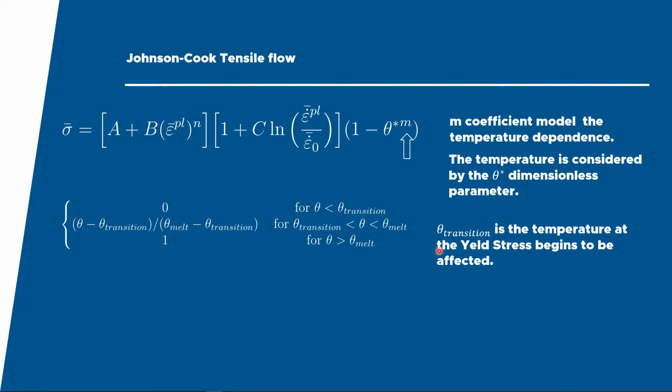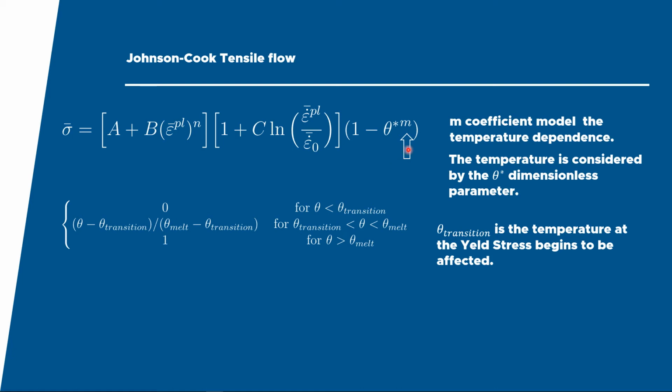The theta transition is just the temperature where the yield stress starts to be affected by the temperature. It's kind of confusing, I know, but basically it says that if the temperature in the body is less than the theta transition, we just say that it has no influence. The temperature has no influence on the plasticity.